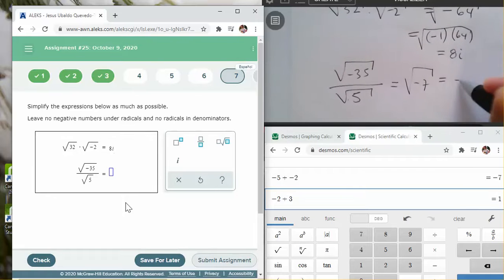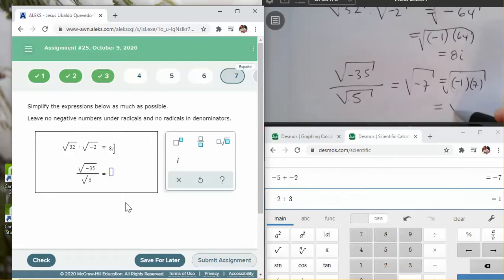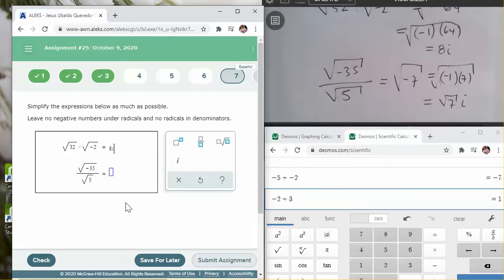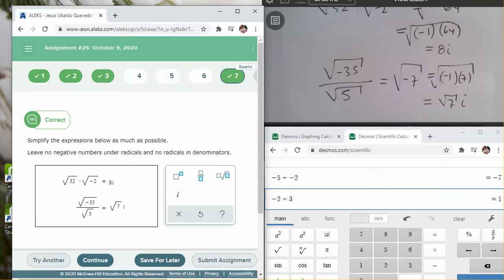We factor this the following way, and then we know this is i. 7, there is nothing else we can do, so we do the square root of 7 times i. Here we click on the square root, we do the 7. Be sure that you click outside the radical. We check, and that's it.